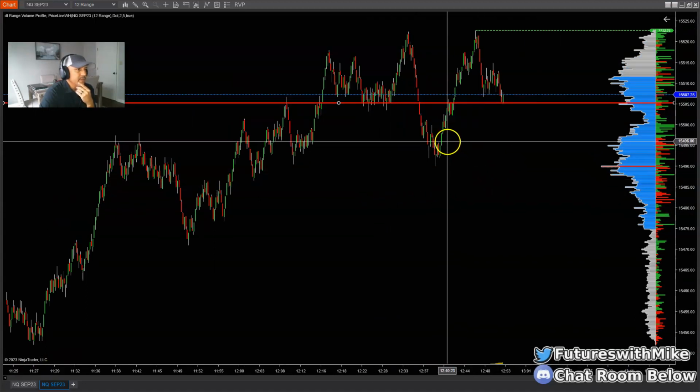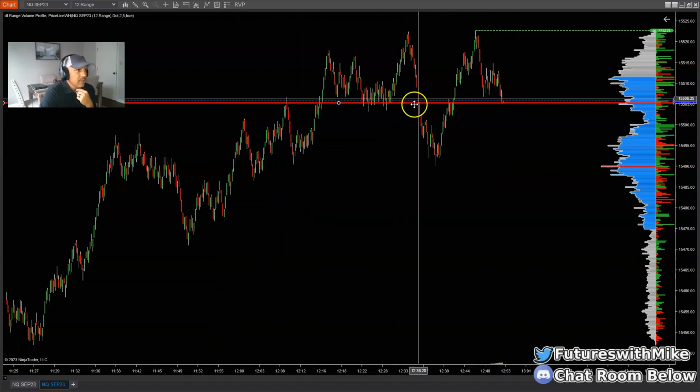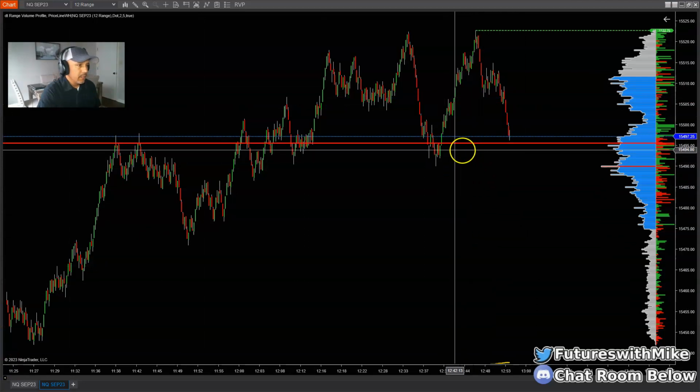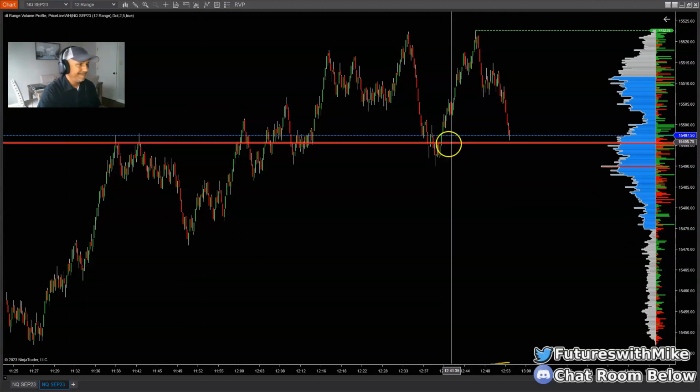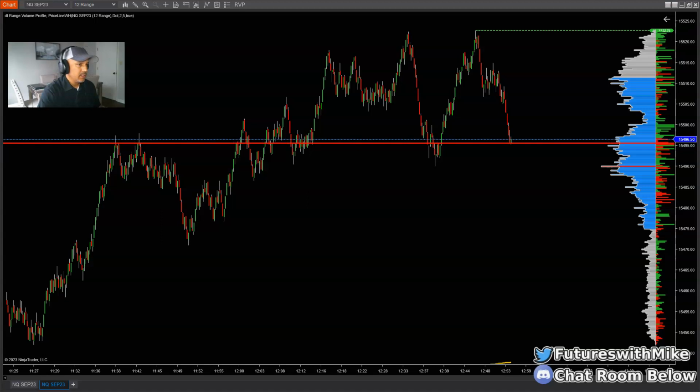Let me see what takes place. Let's see what happens here. I don't really like this though, to be honest with you, what I see unfolding right here. All right, it could bounce from this area right here. It could definitely bounce right here, but I don't know. I may take a quick scalp.